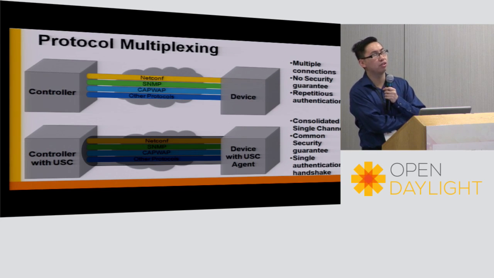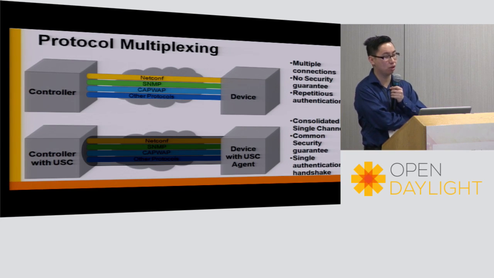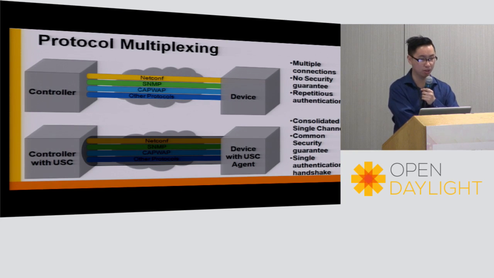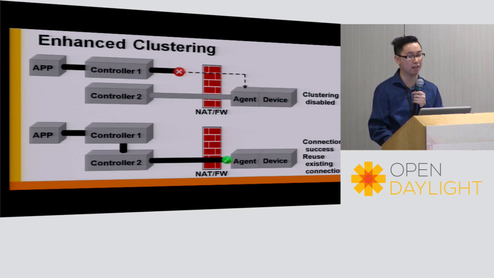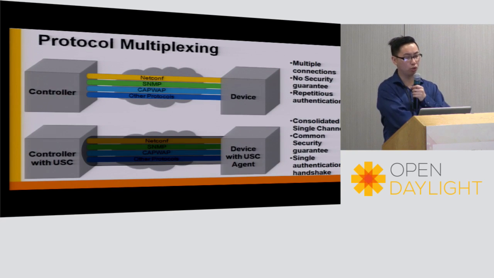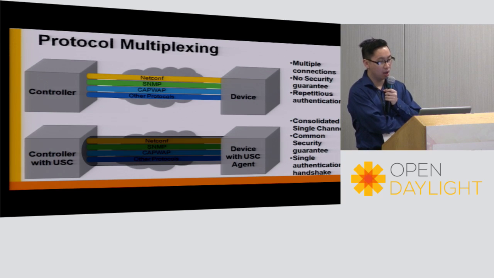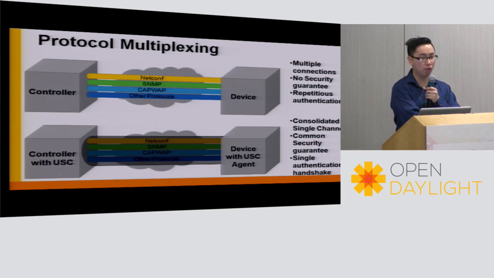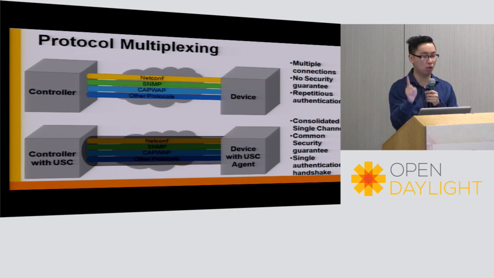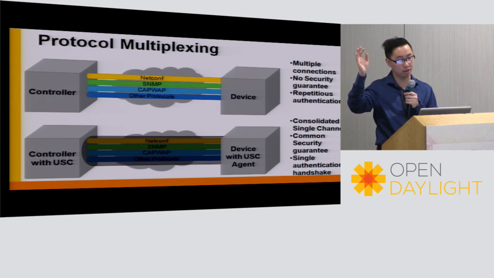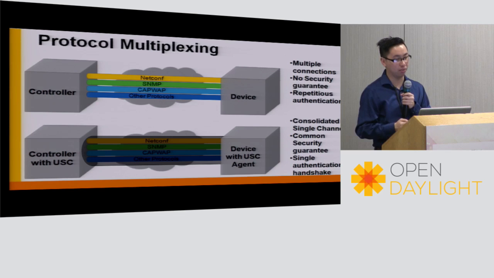So USC offers 4 major features, which I'm going to go into in more detail. It offers protocol multiplexing, mutual authentication, call home, and enhanced clustering. I'm going to go through each of them individually. For protocol multiplexing, what we mean is USC establishes a single channel between the device and the controller for TCP communication, and then another channel between the device and the controller for UDP communication.